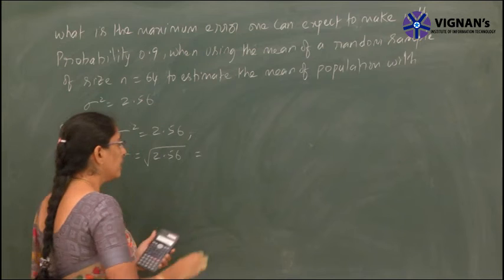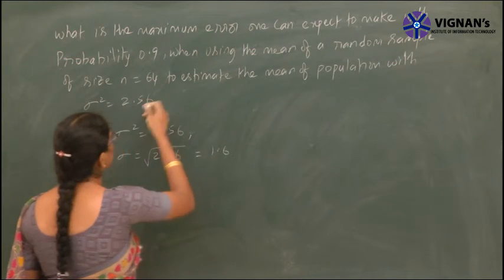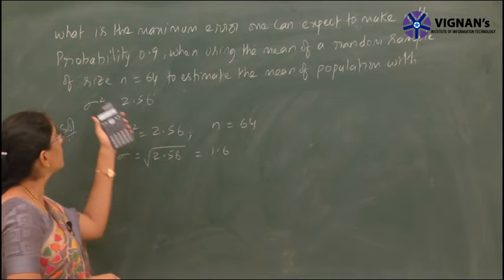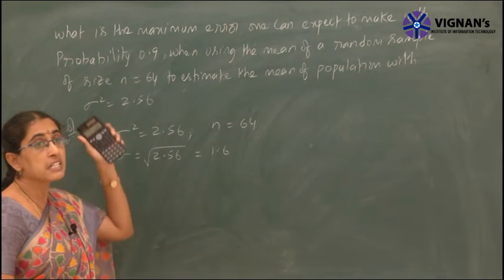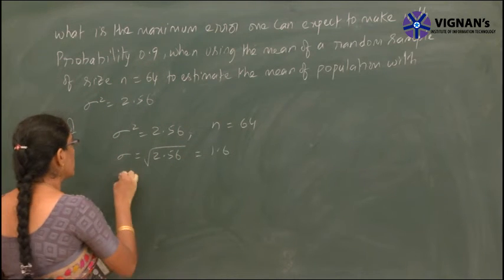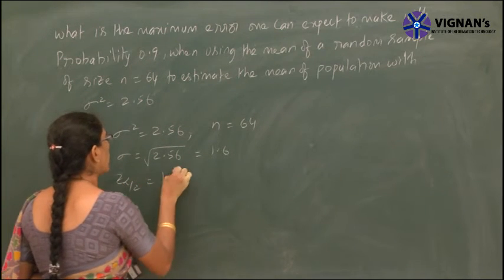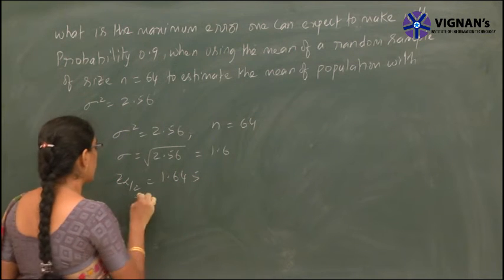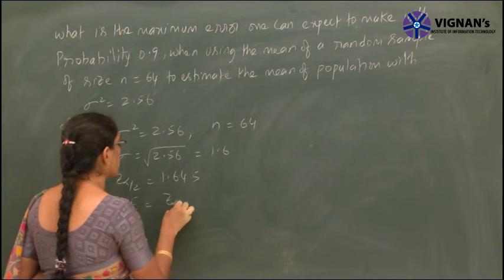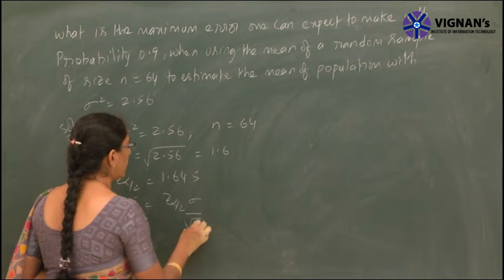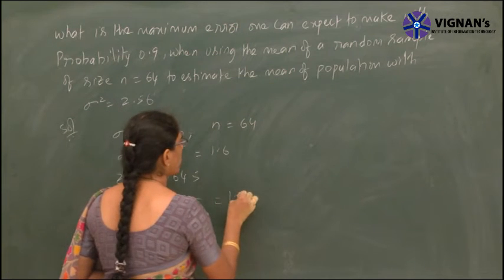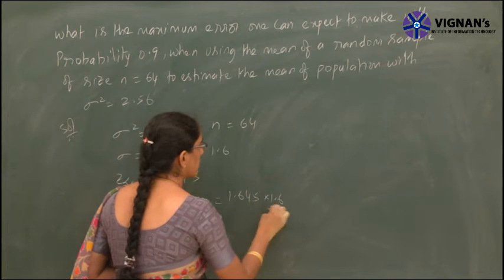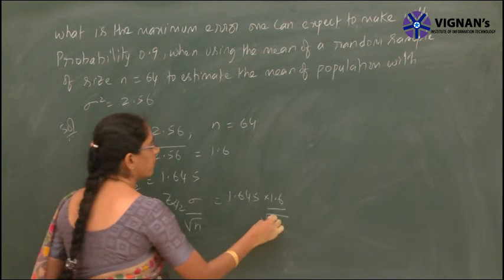1.6 I think, right? So and here the sample size is given as 64 and probability 0.9 means 90% confidence. So Z alpha by 2 is 1.645. So the formula for error is here Z alpha by 2 into sigma by root n. So that means 1.645 into sigma is 1.6 by root 64.